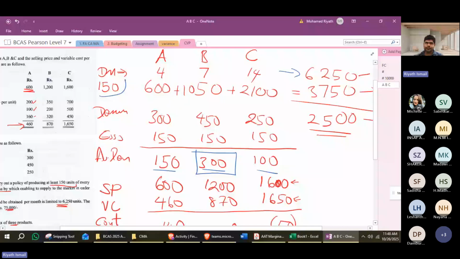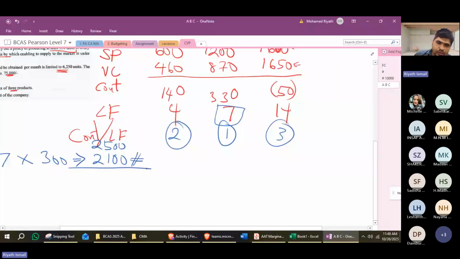We already allocated 600 for A, 1050 for B, 2100 for C. So we already allocated 3750. So balance we have only 2500 units. Then balance we have only 400 units available, right?